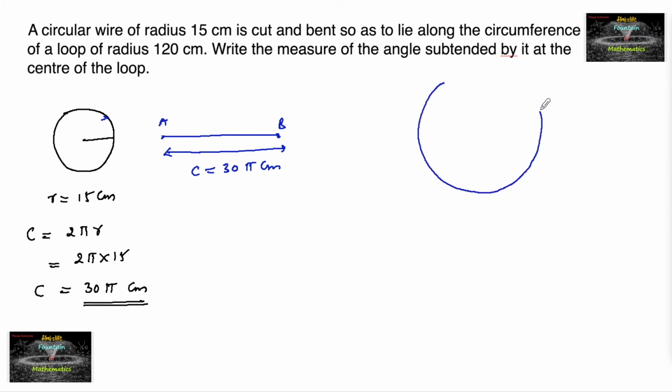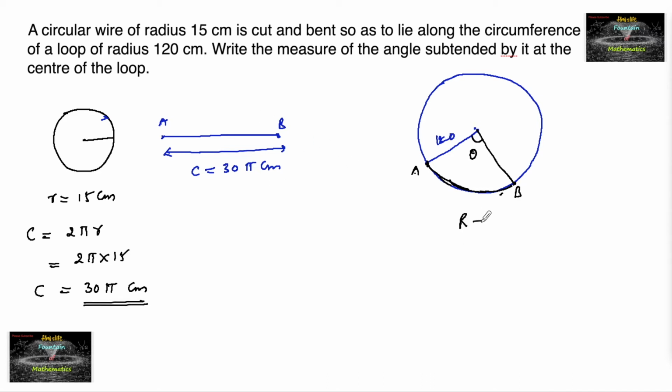So there is a circular loop of radius 120 cm in which this AB lies. Let us mark this as A and this as B. So it is lying along the loop of radius 120 cm. Then this arc makes a certain angle at the center of the loop. Let us mark it as theta.